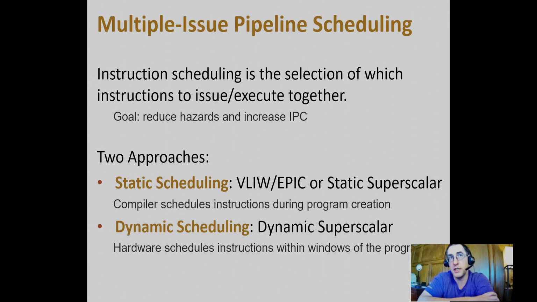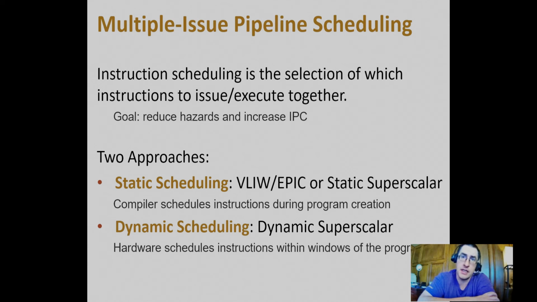Our goal for instruction scheduling is to pick instructions to go down the pipeline together in a way that avoids hazards that would cause stalls or squashes, and thereby increase how many instructions per cycle can be completed.